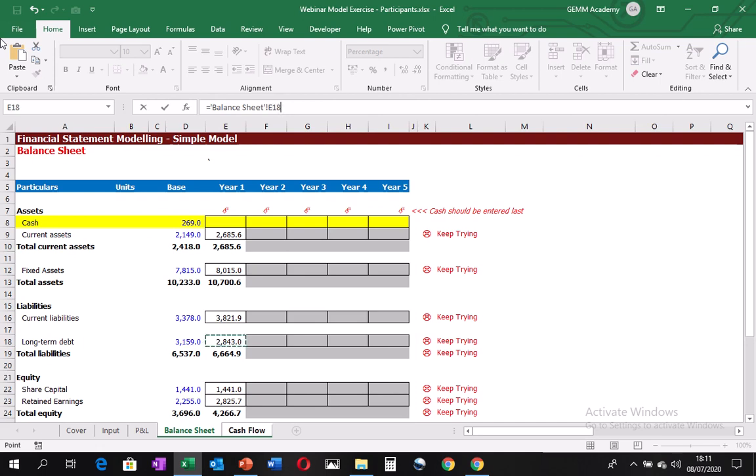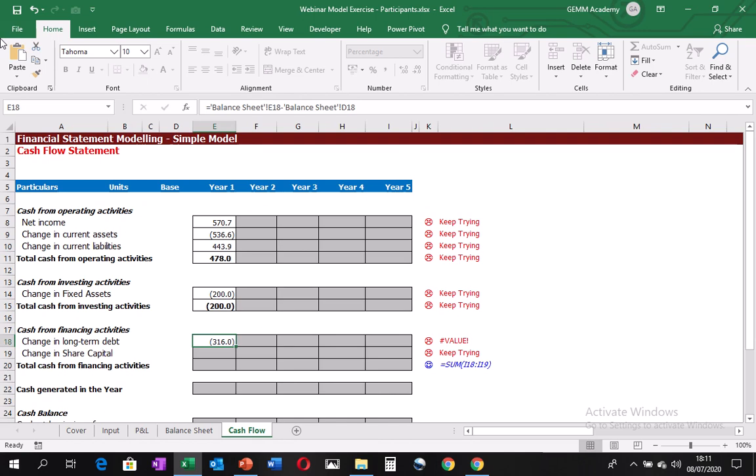So in order to show that, it needs to be the current year minus the base year. So this shows that some debt is actually being serviced, being paid. So that's why we're having a cash outflow of 316.